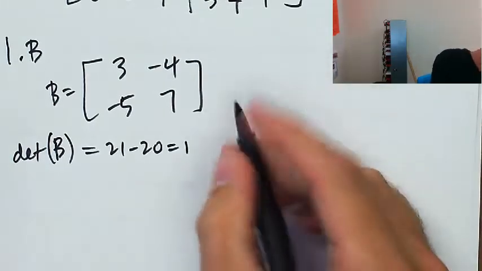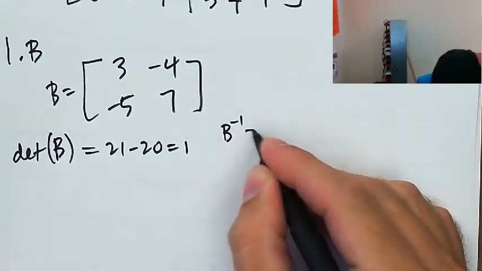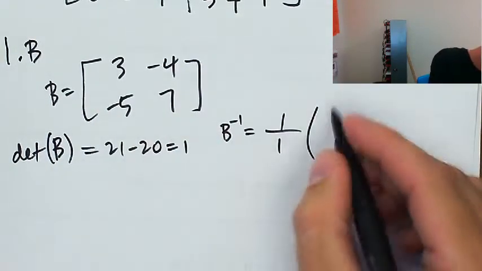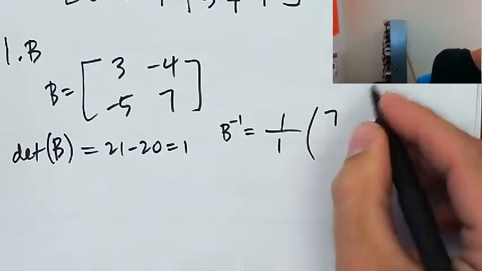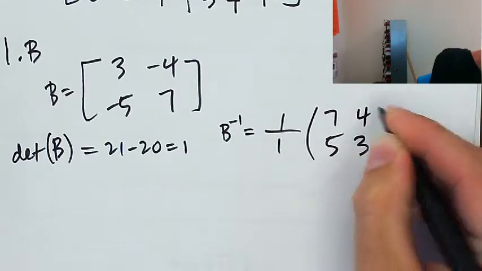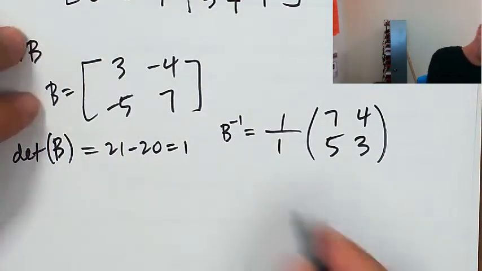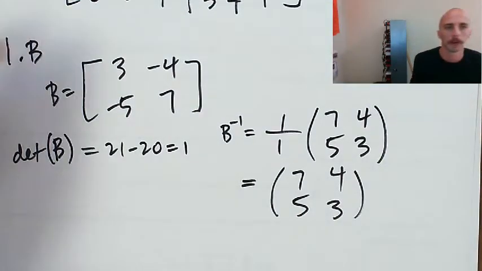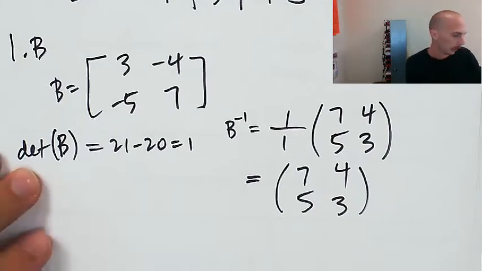So I can find B inverse by dividing by the determinant and then swapping these two and making these negative. Dividing by 1 is not going to do much, so that's 7, 5, 4, and 3. That's how we would find the inverse of a 2 by 2.